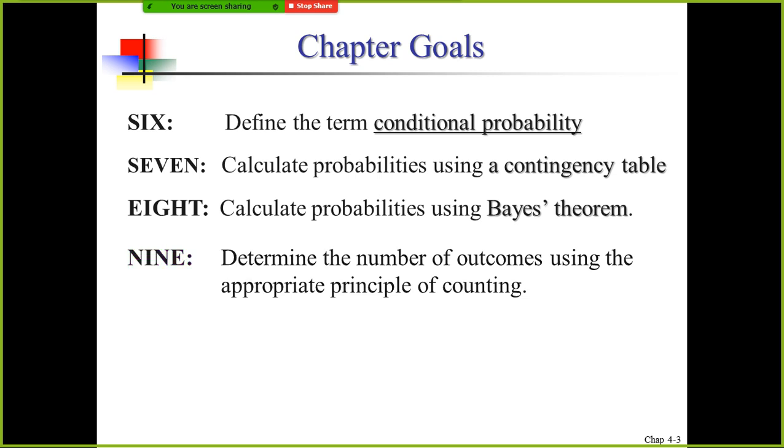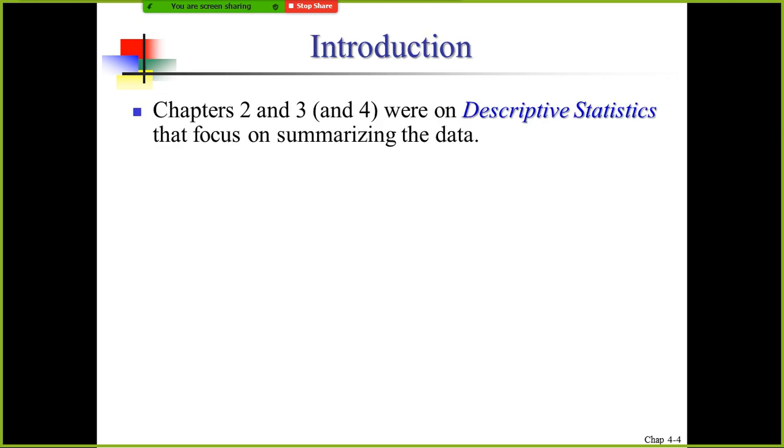Okay, so there are 9 points of our chapter goals or chapter content. Chapter 2 and chapter 3 that we already studied were using descriptive statistics, which focus on summarizing the data, describing the data, concluding the data.